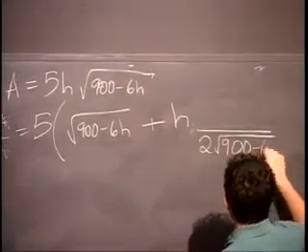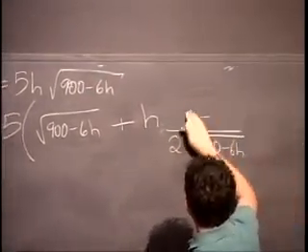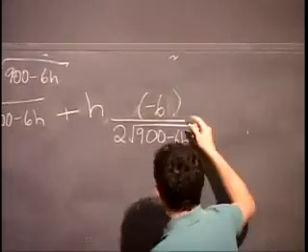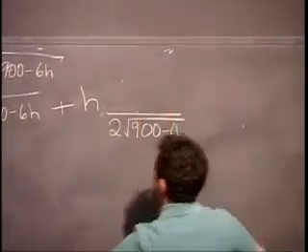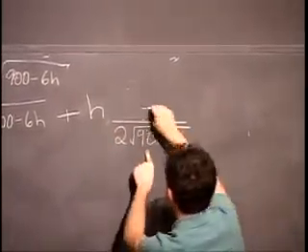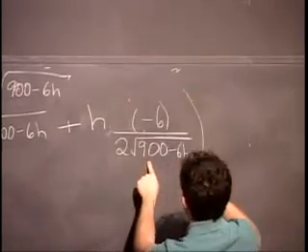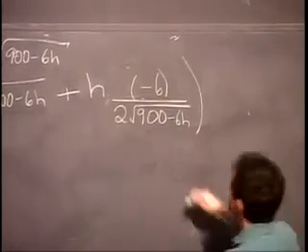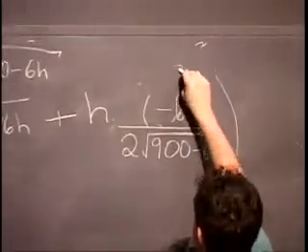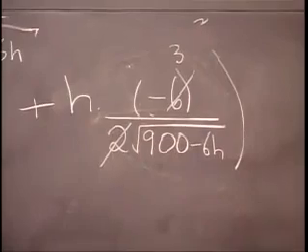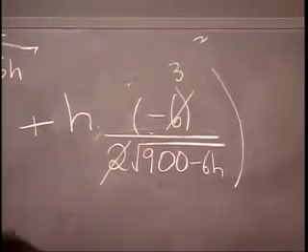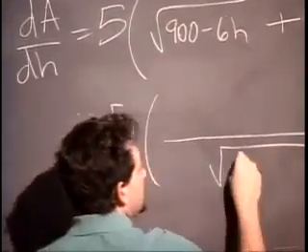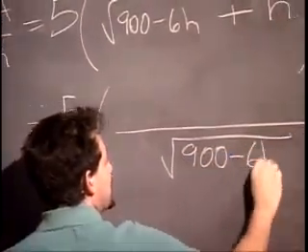Then you have to multiply by the derivative, which just puts it up on the top. Okay, this has gotten a little messy here. I need to multiply by the derivative of 900 minus 6h, which is just minus 6. So there's the derivative. Let's simplify it a little bit. First observation, we can cancel out the 6 to a 3 and cancel out the 2. And then we can take a common denominator. Common denominator is just root 900 minus 6h.